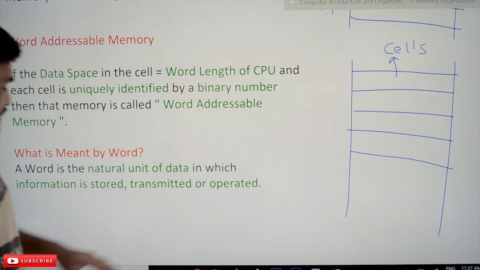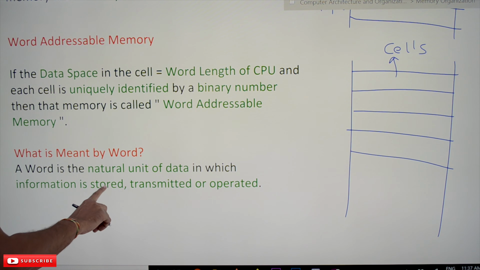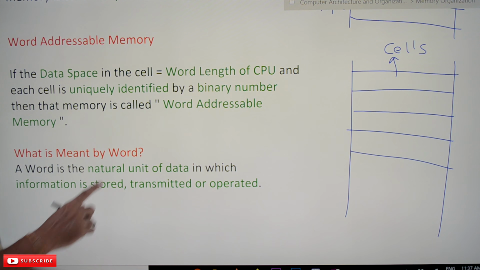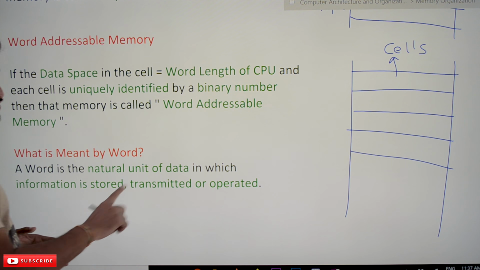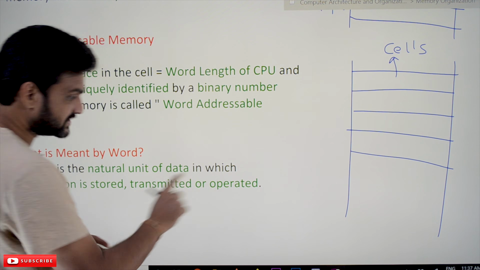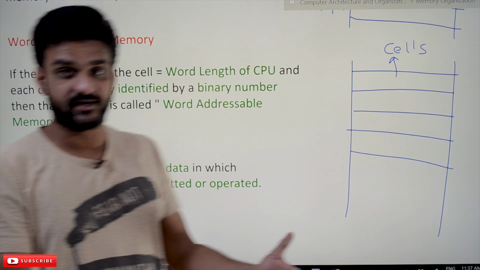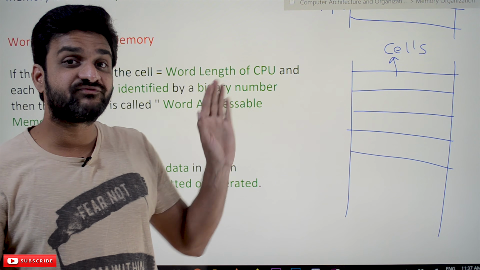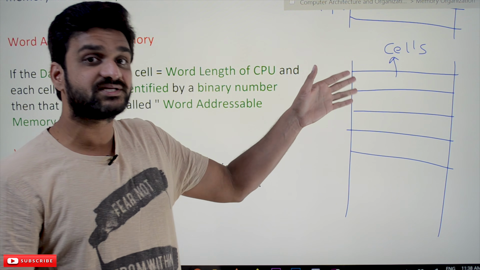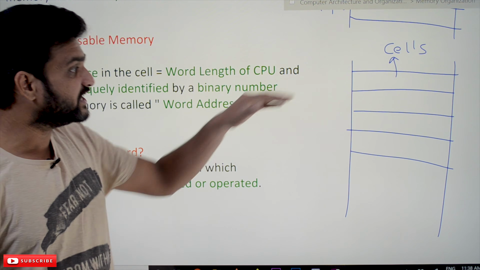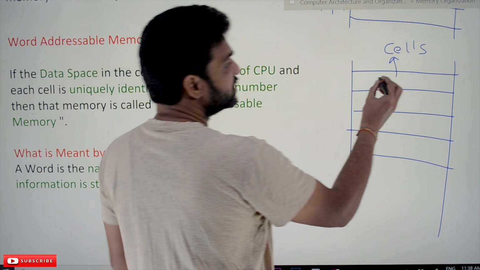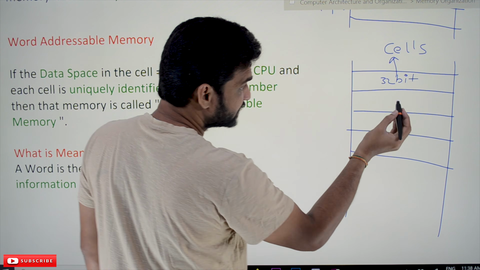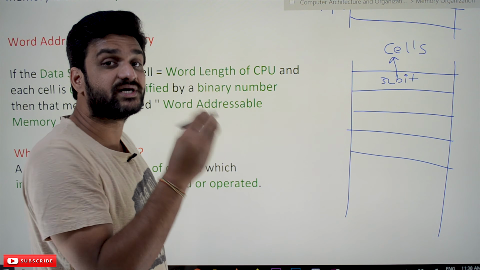that is the size of the memory cell in which the information is stored, transmitted or operated. That is what we call a word. And if each and every cell is uniquely identified, for example, if it is a 32-bit memory, every cell is capable of storing 32 bits.